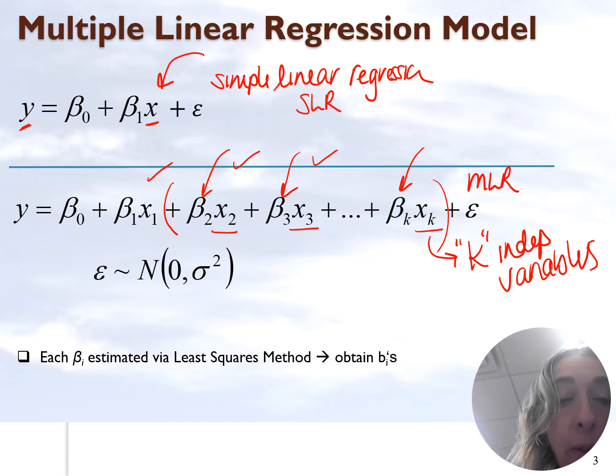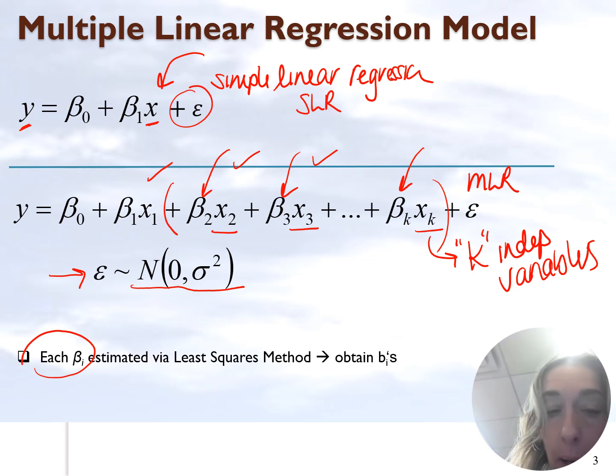We still have, of course, the error term in a multiple linear regression model, just as we did in the simple model, and under the same assumptions, with the errors distributed normally, with a mean of 0 and constant variance of sigma squared. In our multiple linear regression model, each of our slope parameters is still estimated via the least squares method, thereby obtaining your b's.